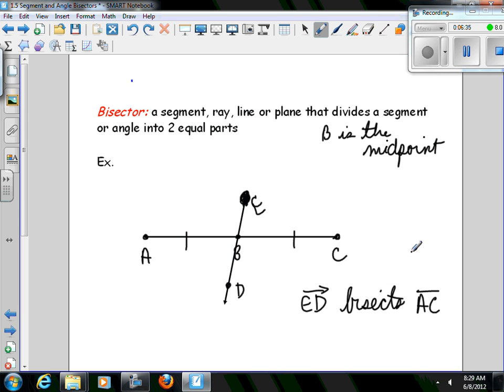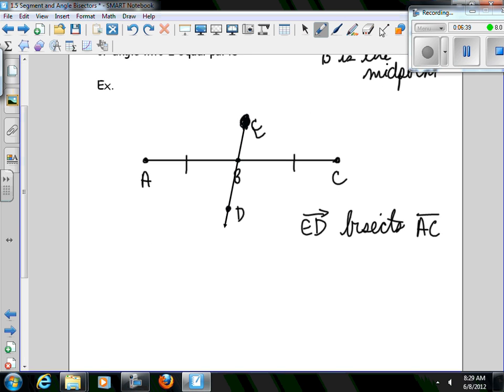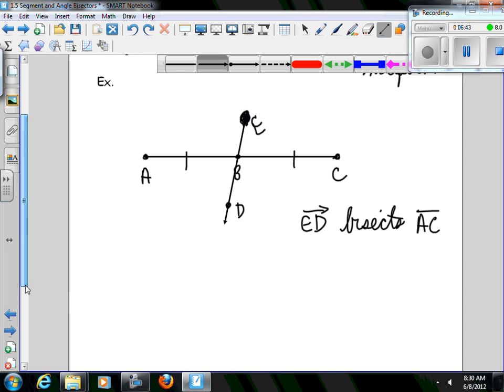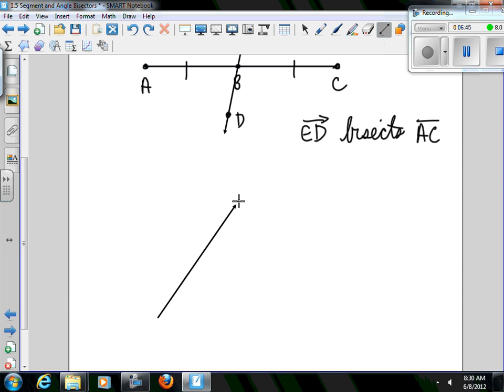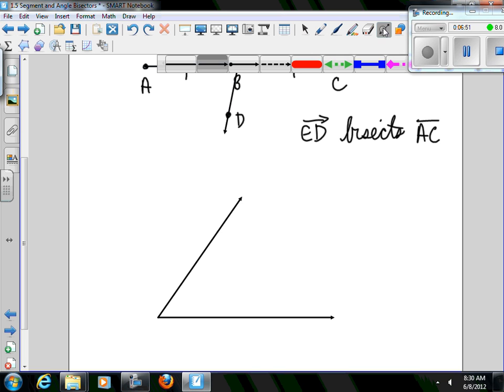Okay? So let's take a look at another way in which you can use a bisector. It works with angles as well. So for instance, let's say I have this angle. If I were to have a bisector, now this is not going to be drawn to scale.